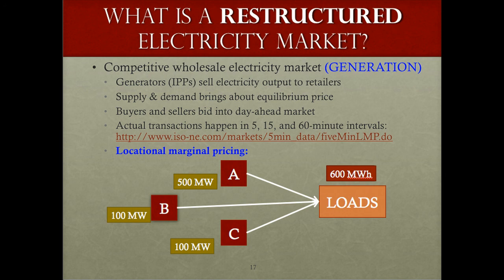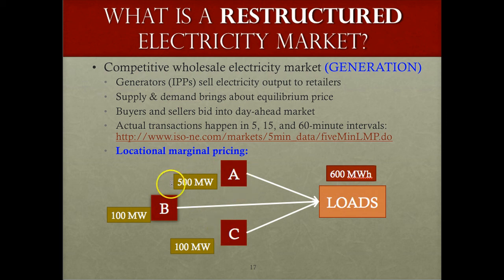For example, let's imagine a set of loads. These would be appliances, lighting, heating systems, etc., that are turned on and demanding electricity. Let's imagine these loads require 600 megawatt hours of electricity. And there are 3 generators in the market who are available to supply electricity.